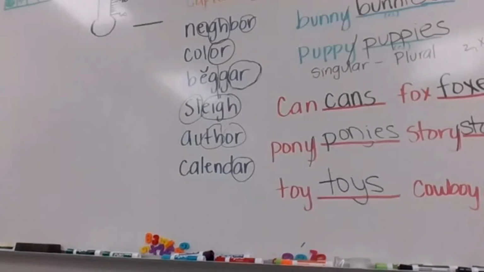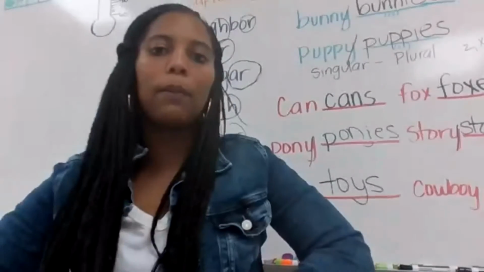L-I-G-H-T. Light. B-R-I-G-H-T. Bright. B-L-I-G-H-T. Blight. B-I-T. K-I-T. All right, fire. How do I make it plural?